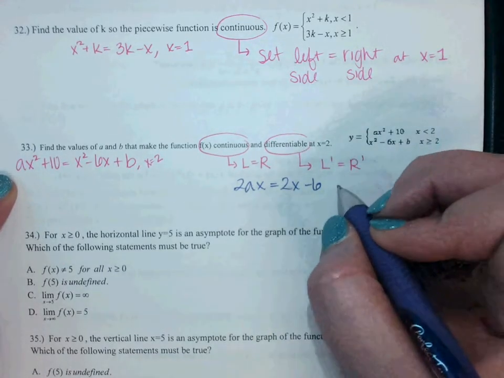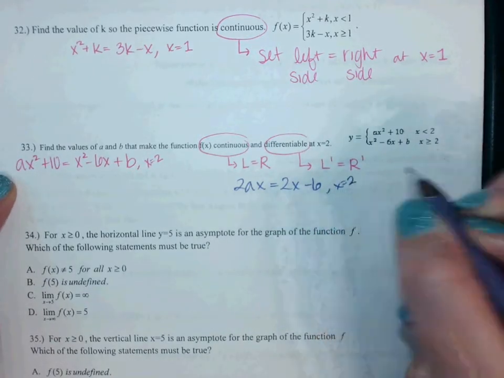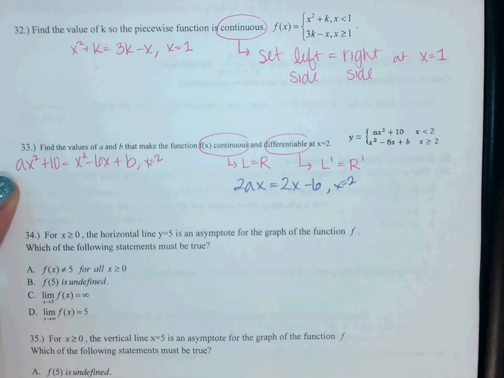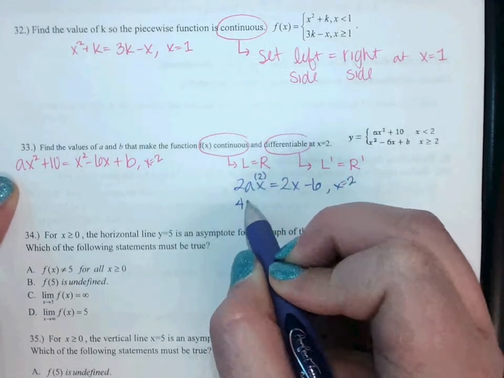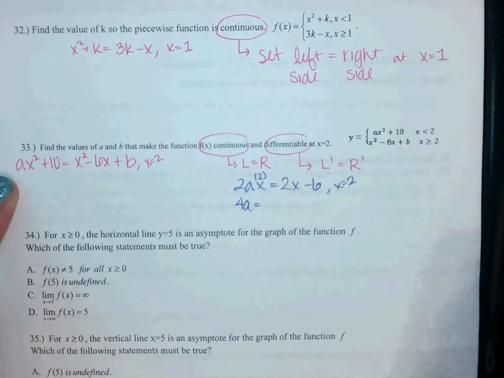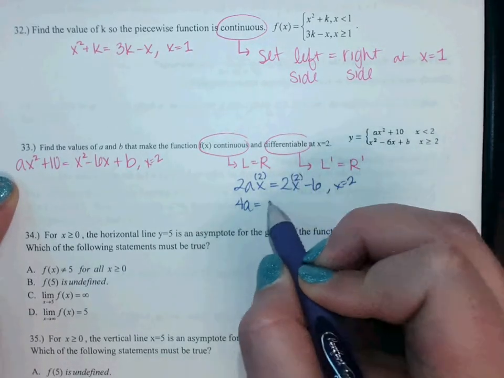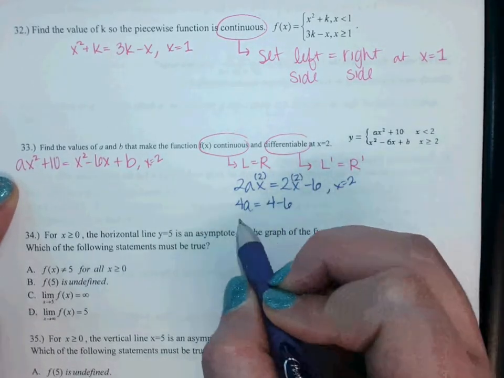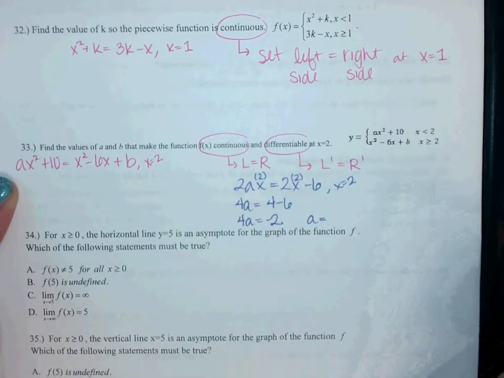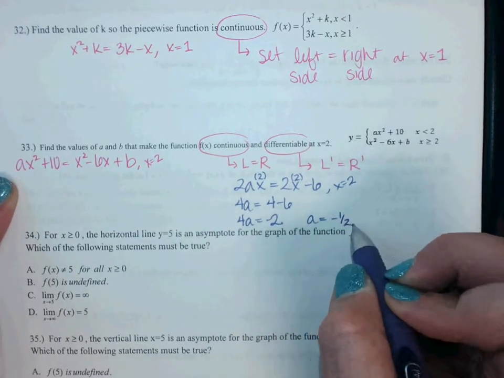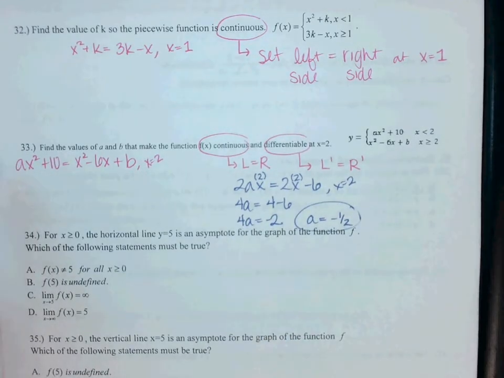Okay, then from there, what do I know about x? x equals 2. So if I plug in a 2 to that, what is 2a times 2? Okay, 4a. What's 2 times 2 over here? 4 minus 6 is negative 2. If 4a equals negative 2, then what does a equal? Negative a half, or negative 2 over 4. You don't have to reduce, but you can.